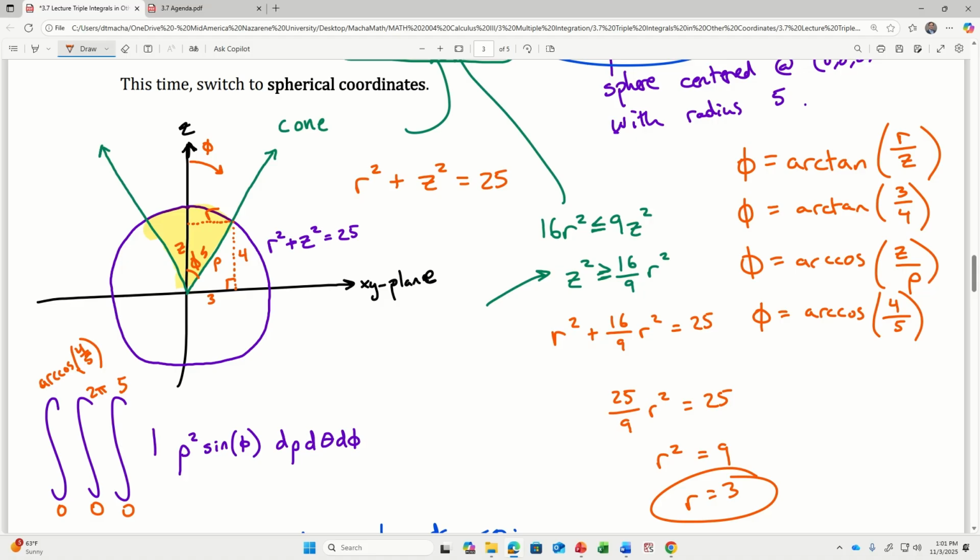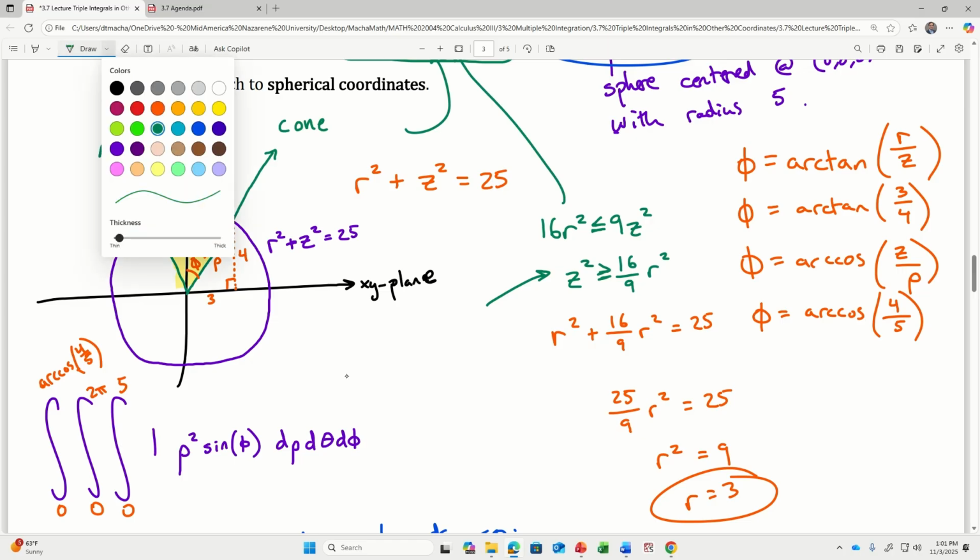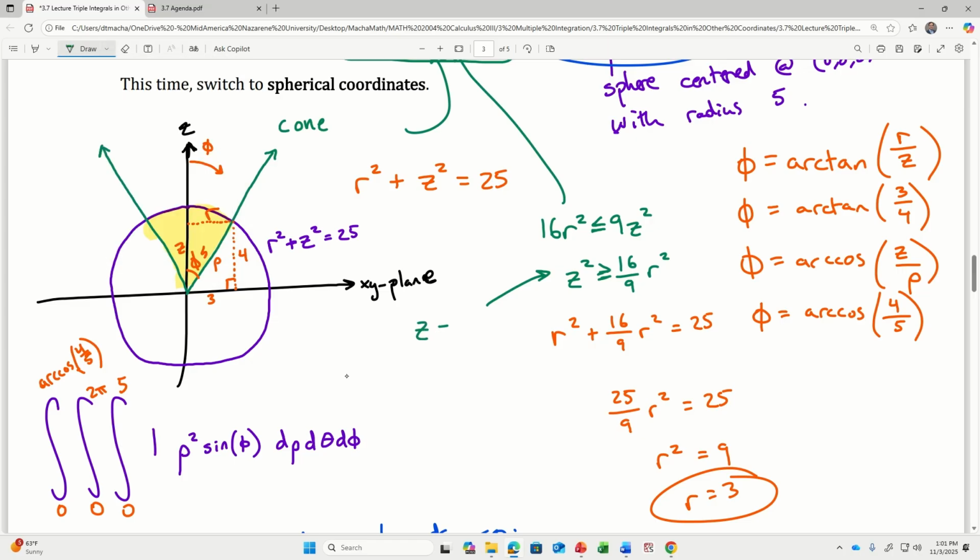So in other words, I'm going to set my lower bound on z equal to 4/3 r. Because I'll just look at that equation, I'll take the square root of both sides and say z has to be greater than or equal to 4/3 r.